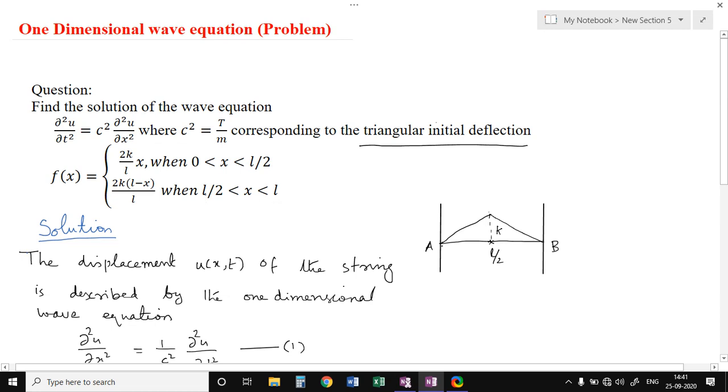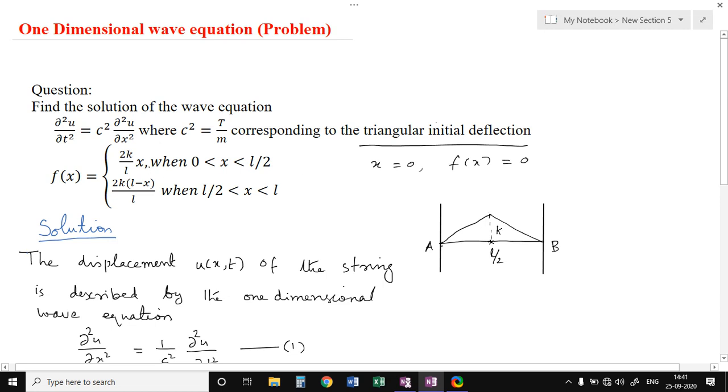First of all, we can see that both of these functions are first degree in x. Therefore, they represent straight lines. Now consider this end point. When x is equal to 0, then f(x) is 0.